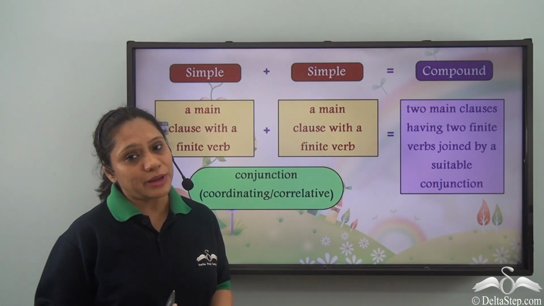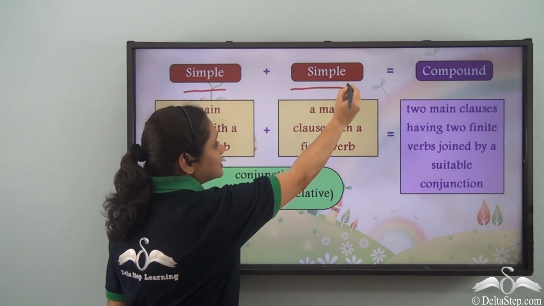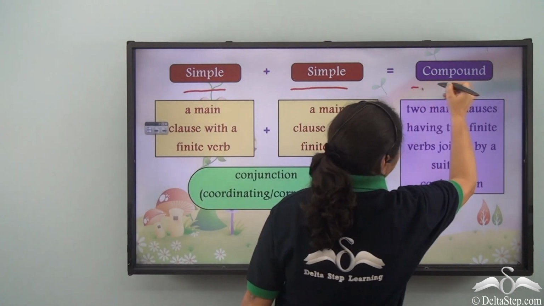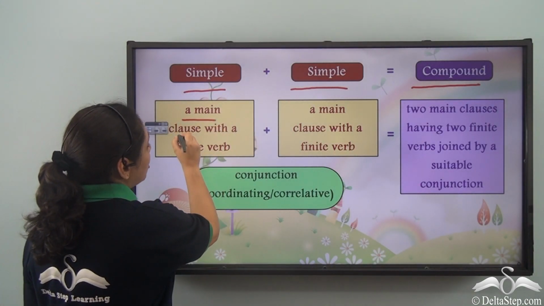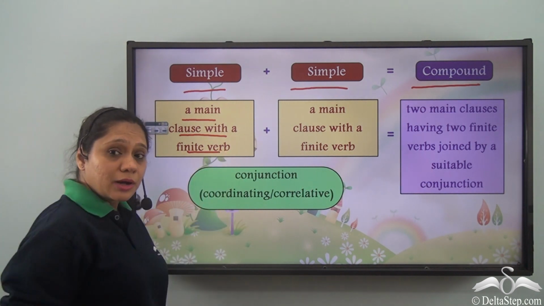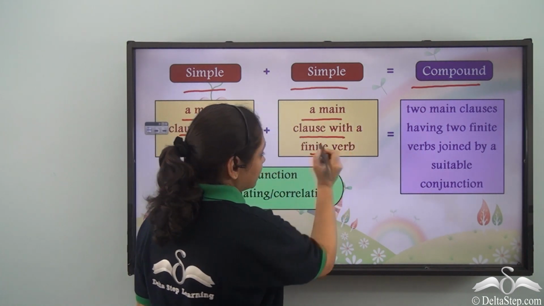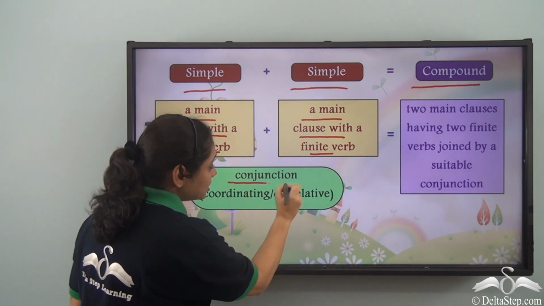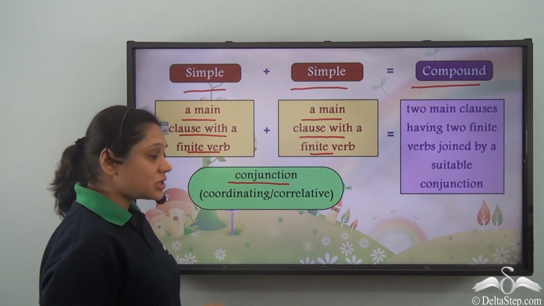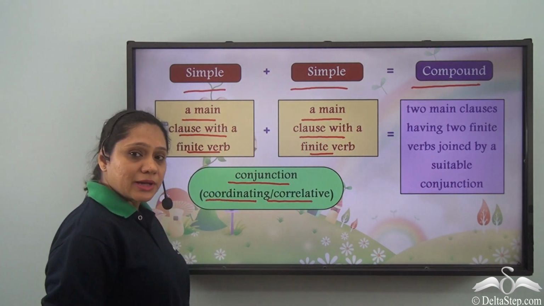So what are we doing here? We are joining two simple sentences to form a compound sentence. We are actually joining a main clause with a finite verb with another main clause having a finite verb. And how are we joining them? We are using a conjunction. And what kind of conjunction? Either a coordinating or a correlative conjunction.